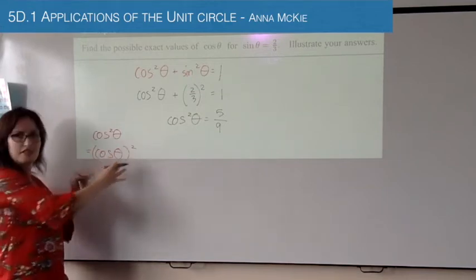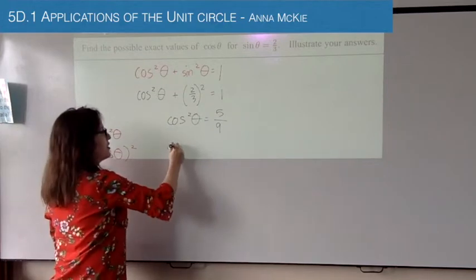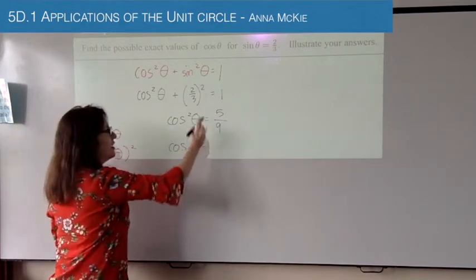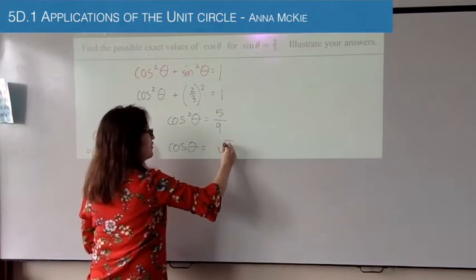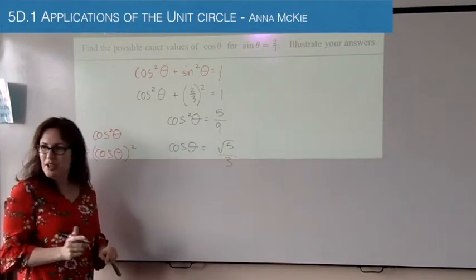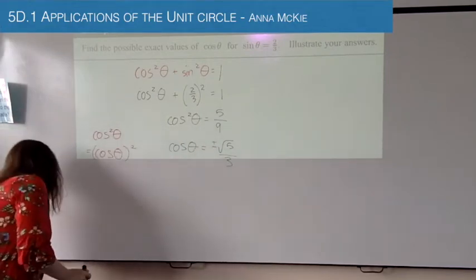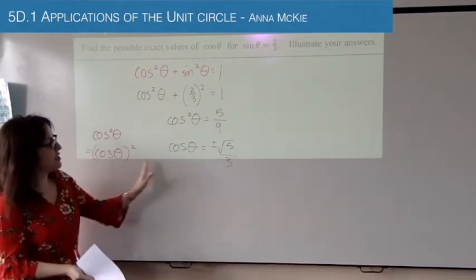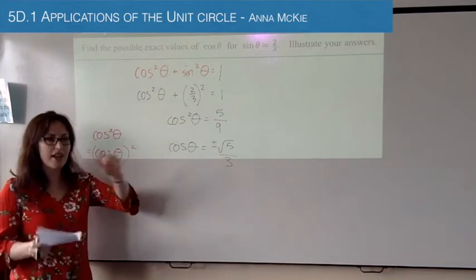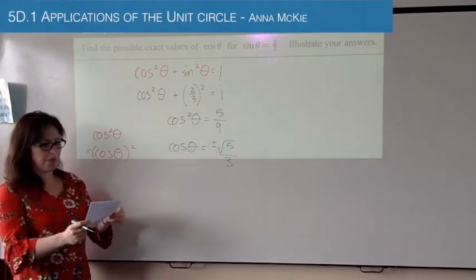So therefore you're allowed to now square root both sides, which will leave you with cos of theta here, root 5 on 3. But when we undo a square root, we have to take into account the positive and the negative ones. And because cos can have 2 values there, and that makes sense in the unit circle, it could be on either side.